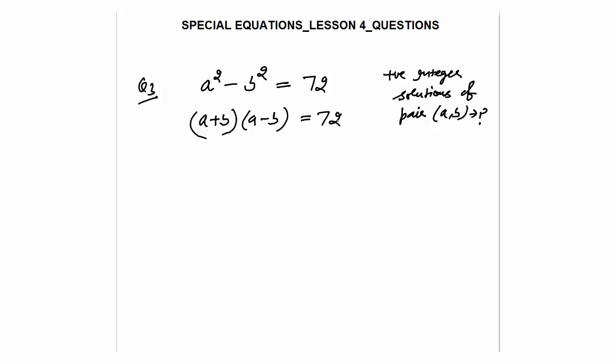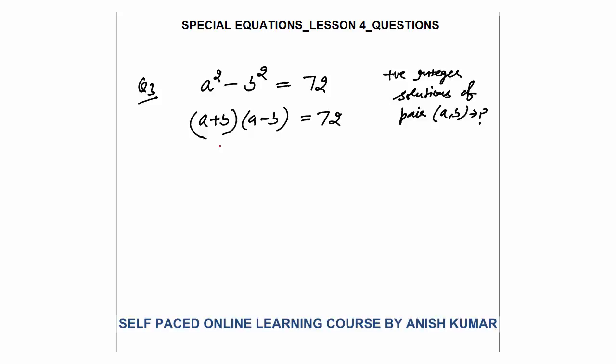Now how will I understand this? I will understand this question in a way that the product of two positive numbers is 72. a plus b is the larger number, a minus b is the smaller one. The core concept in this question is that a plus b as well as a minus b will be of the same parity. Parity means if a plus b is even, then a minus b will always be even.